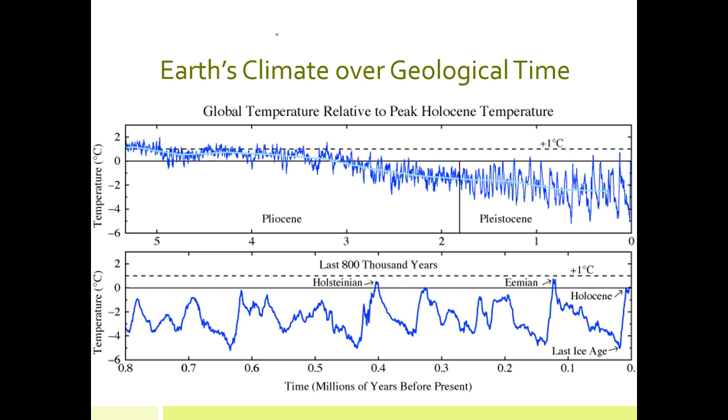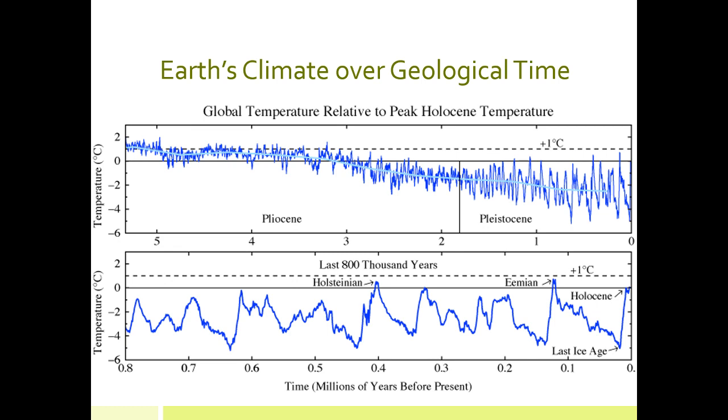What we do see in the Pliocene and the Pleistocene is that temperature has been gradually falling. Since the last ice age, temperatures began to rise. On a larger scale overall, you might not see the overall picture.